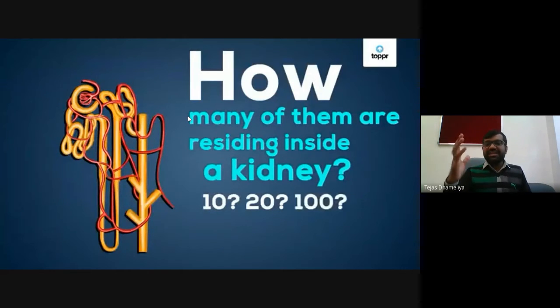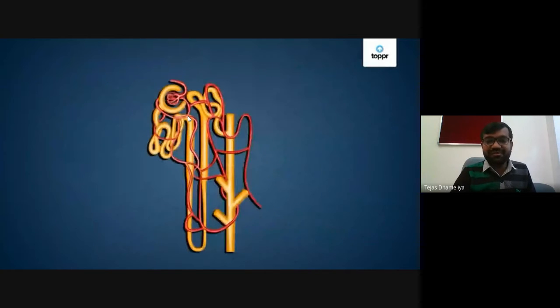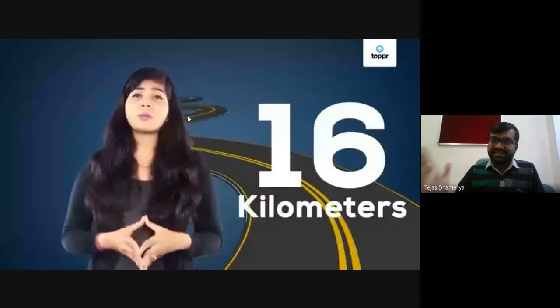There are so many units, 10, 20. No, they are even more than that. There is not just one nephron. There are 1 million units in each kidney. Friends, remember, 1 million is equal to 10 lakh. So 10 lakh units, maybe even more than that, are present.